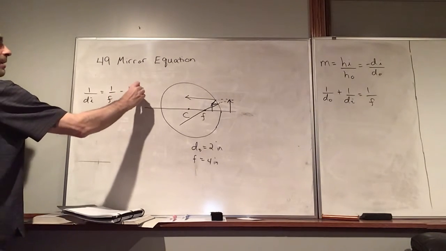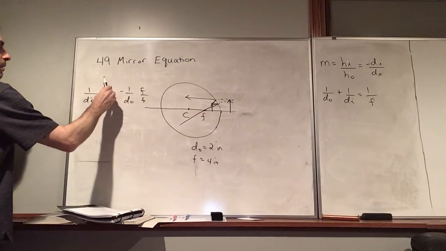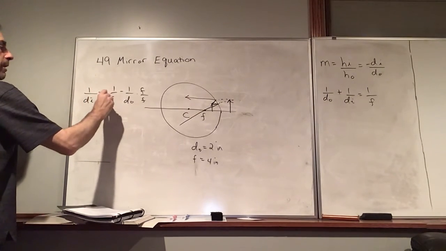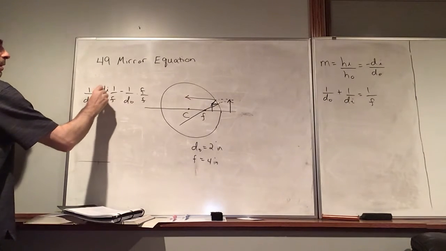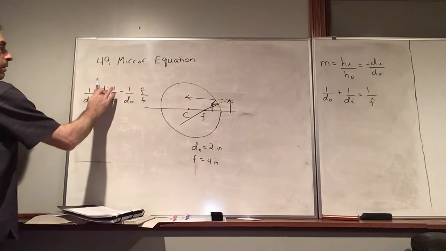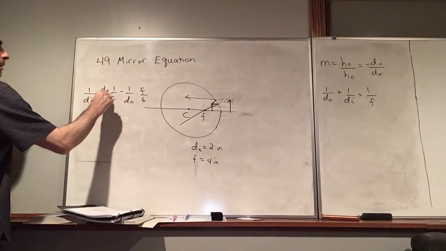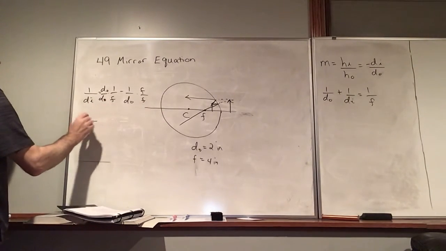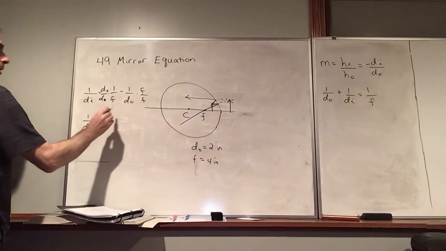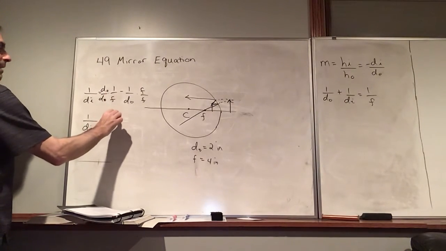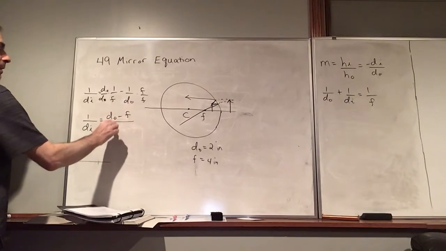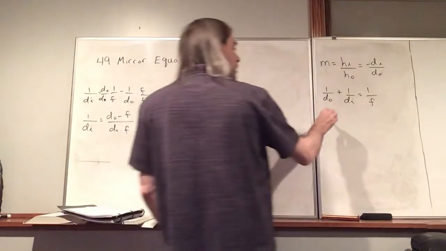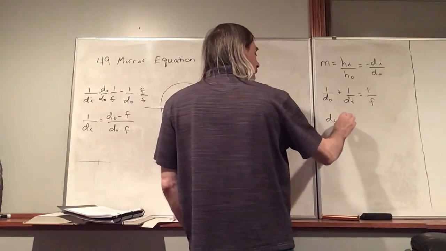So if we get a common denominator, the common denominator is DO times F. We have 1 over DI equals DO minus F divided by DO times F. So we can even write this down as an equation because this turns up a lot.